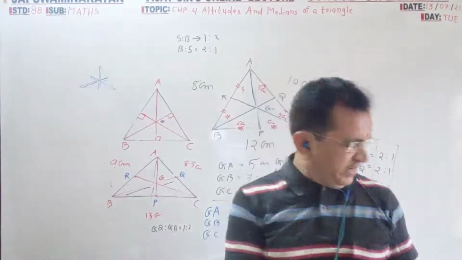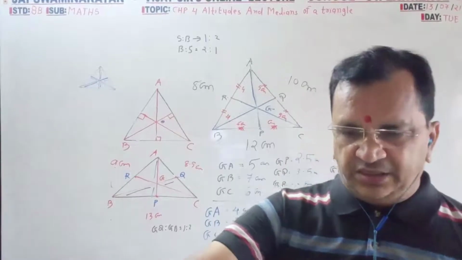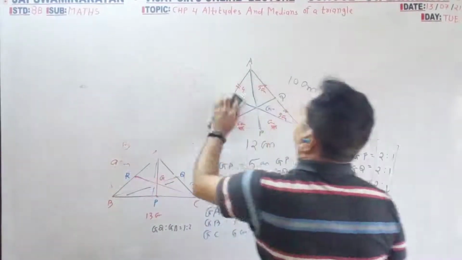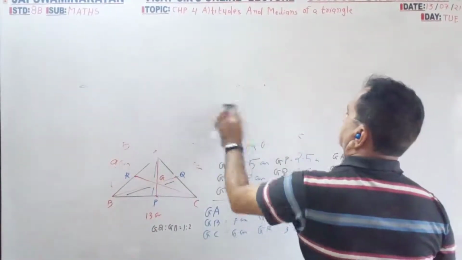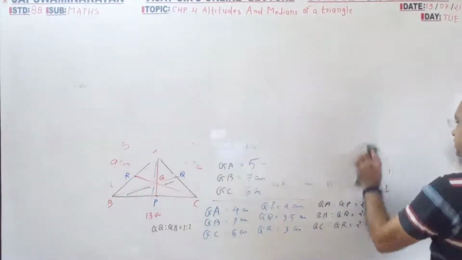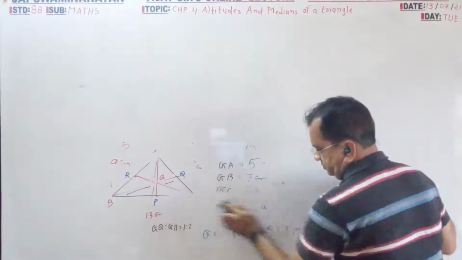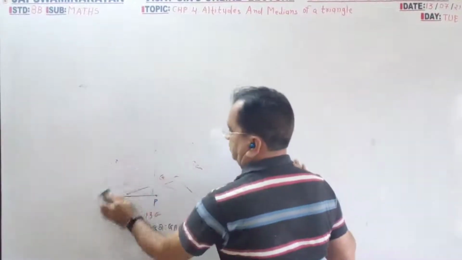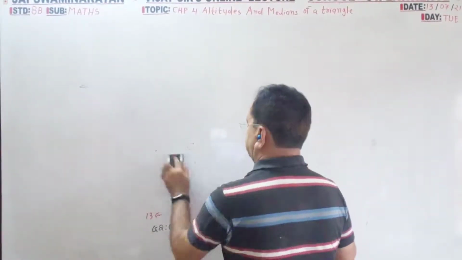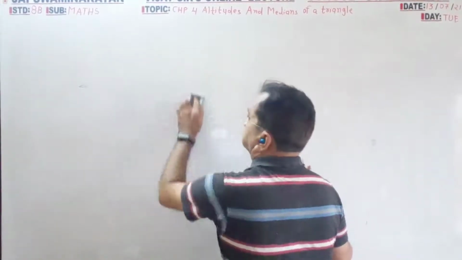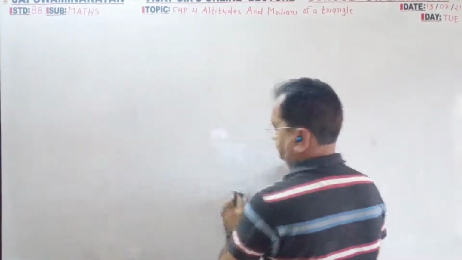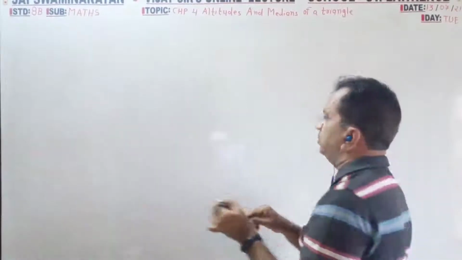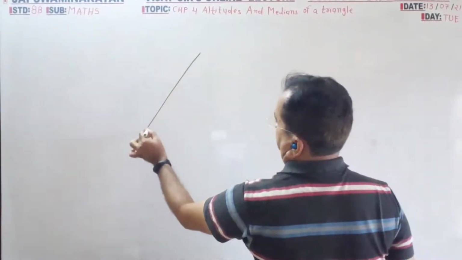Then how to draw median? If you don't want to take the midpoint, by arc you can draw this. First draw the triangle, sorry.